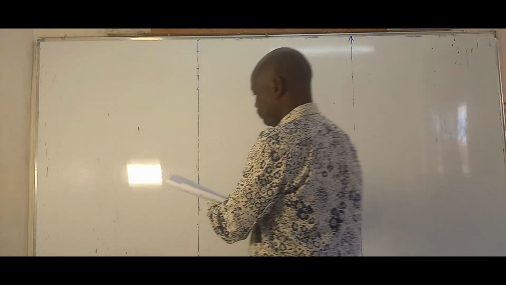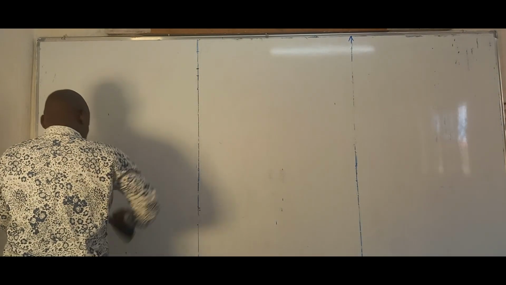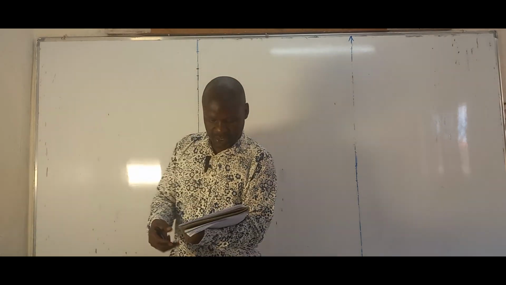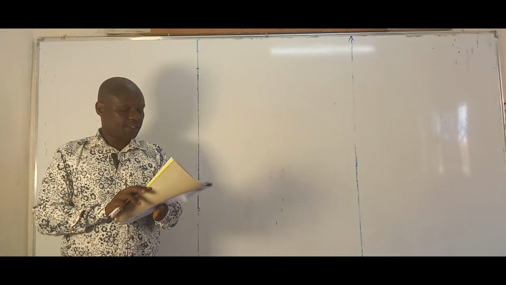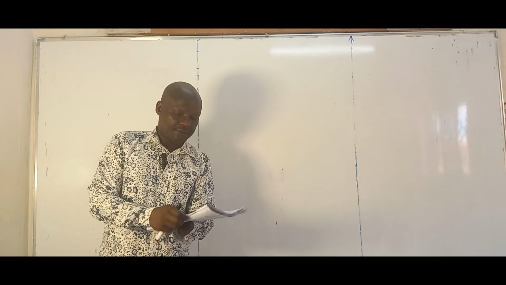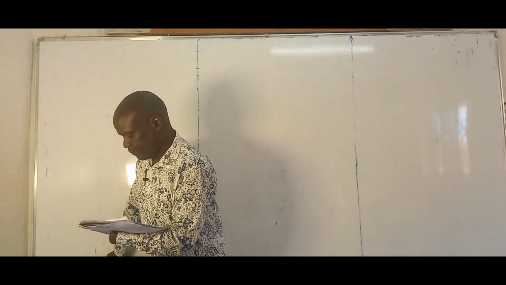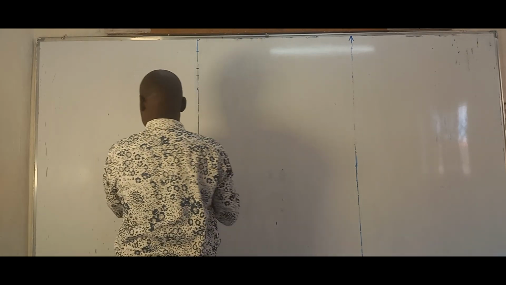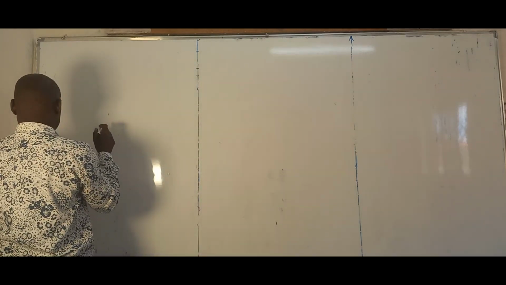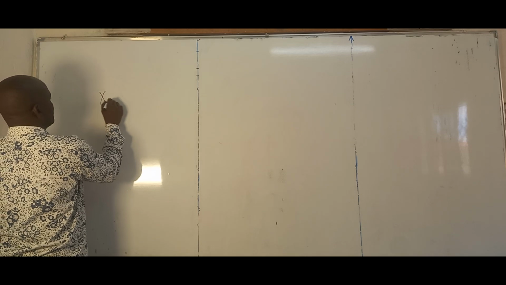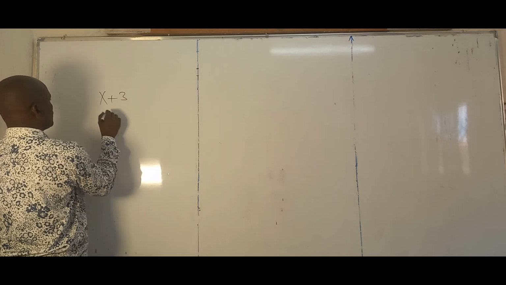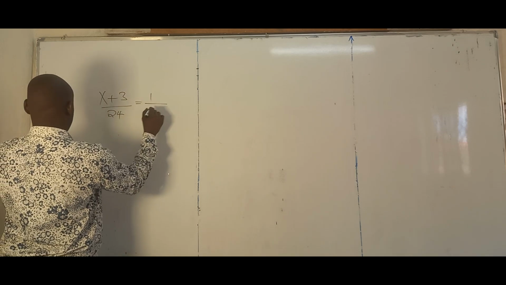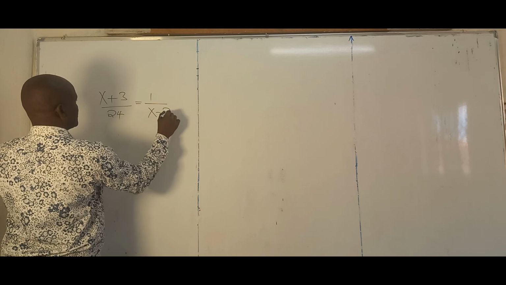Now, let us look at the solution to that particular question. Yes, the question reads, as we have seen, solve the equation (x plus 3) over 24 is equal to 1 over (x minus 2).